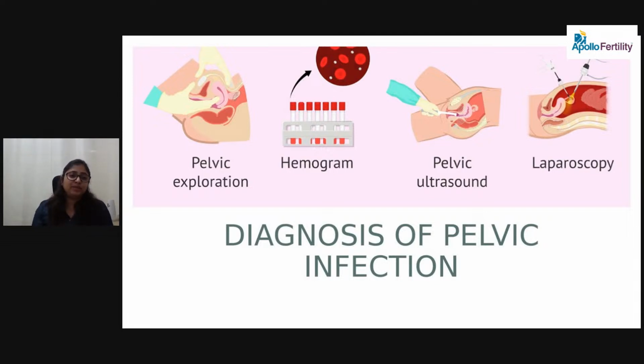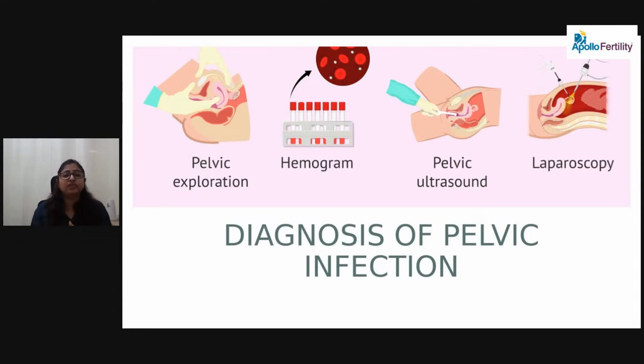And on examination, many of the infections we can detect. If there is abnormal vaginal discharge, we can examine the inflammation. What is inflammation? If there is any infection or anything abnormal in the body, our body reacts in the form of inflammation. In inflammation there is swelling, redness, and pain.